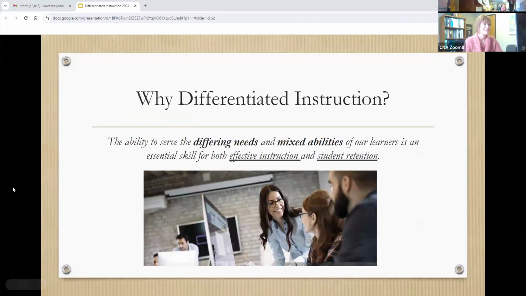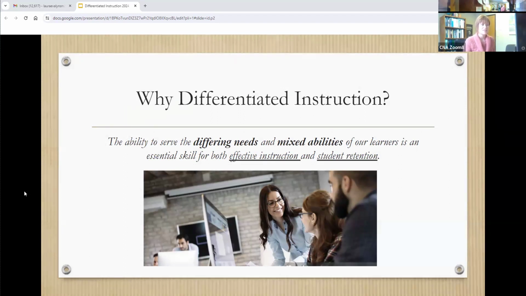Okay, why differentiated instruction? As I contemplated why this topic, I find it important and relevant to all of us, as John said, at all levels of adult education.